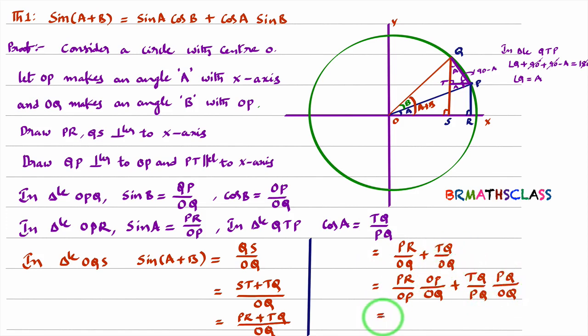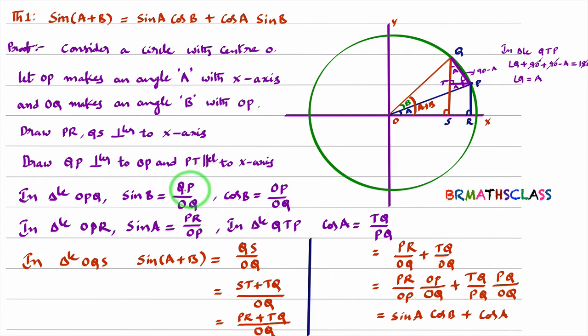Now I'll write what is PR divided by OP. PR divided by OP is sin A. What is OP divided by OQ? OP divided by OQ is cos B, plus what is TQ divided by PQ? TQ divided by PQ is cos A. What is PQ divided by OQ?